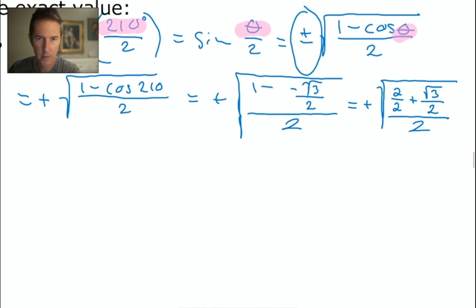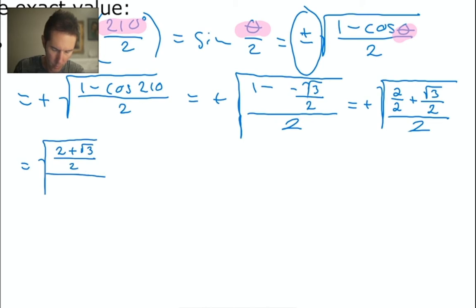So I'm going all the way to the left now, equals positive square root of 2 plus the square root of 3 over 2, all divided by 2. Well, when you take something and divide it by 2 twice, if you take a half of a half, you have a quarter.